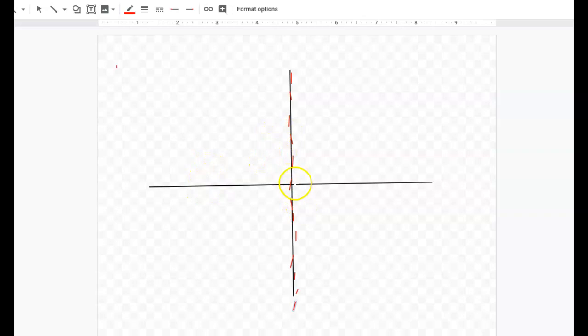And let's also graph our oblique asymptote. It was y equals x plus 3. So maybe here's 1, 2, 3, and then here's the y-intercept.